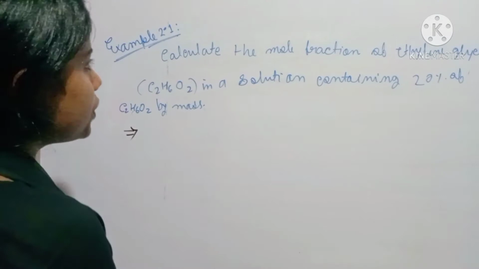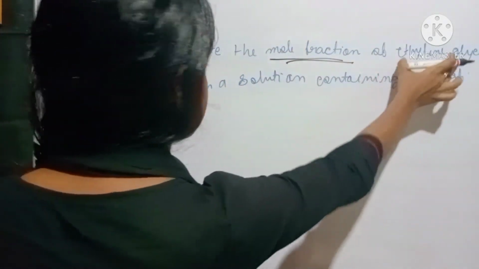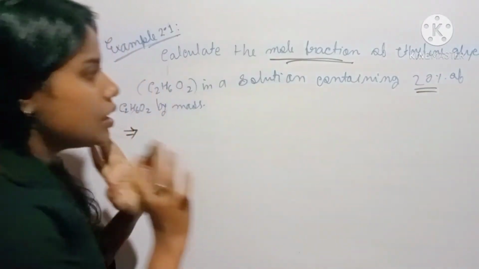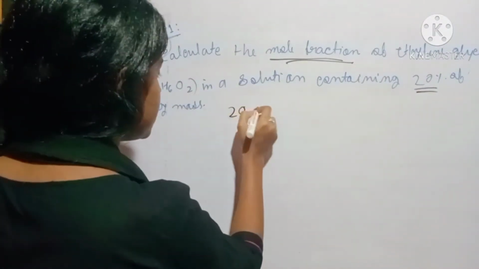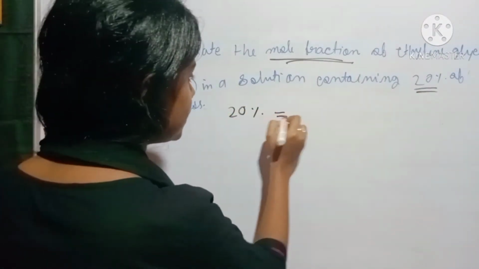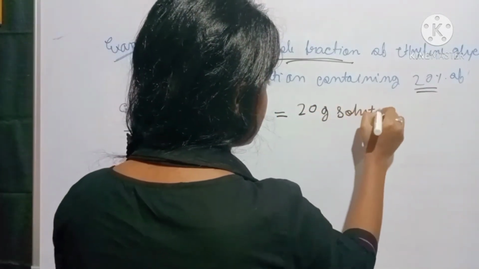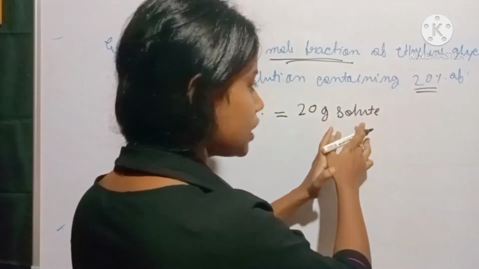See, here we have to calculate the mole fraction of ethylene glycol, which is in 20%. So from 20% we have to know that there is 20 gram of solute, which is in the lesser amount. Remember that.